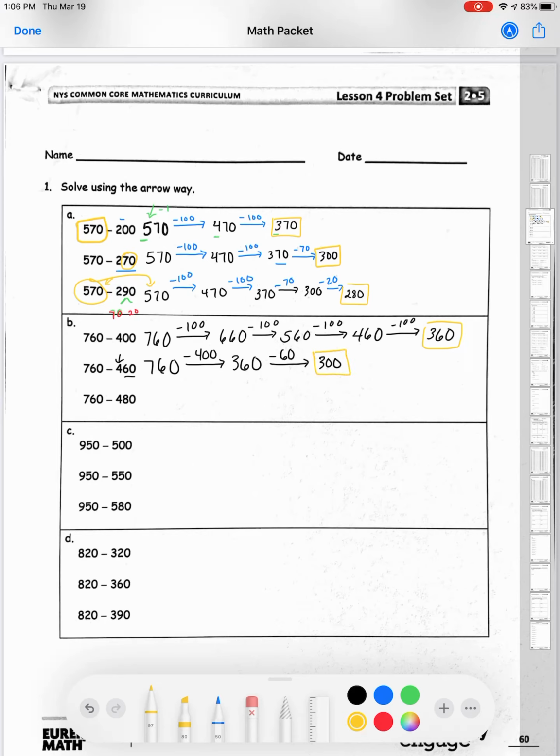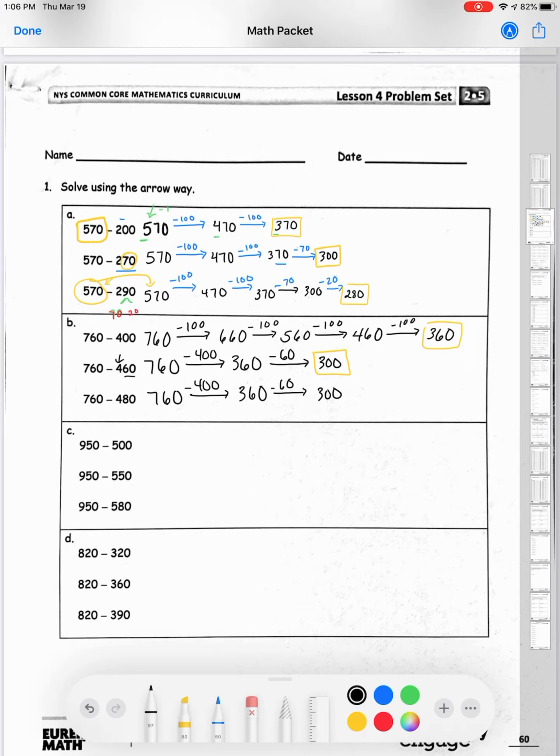Okay, and now I know this, right? And I know this. So I'm going to go 760 minus that 400, right? And what's the answer? Yes, you're right, 360. And now I'm actually going to take away that 60 only because it kind of makes it easier. So I'm at 300.